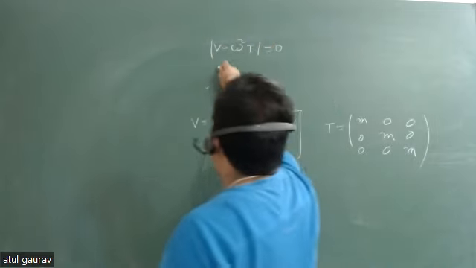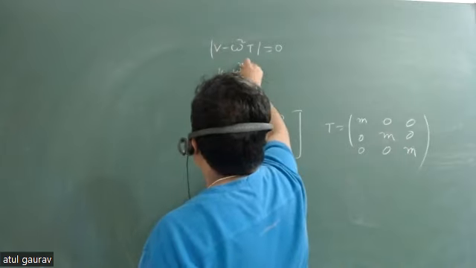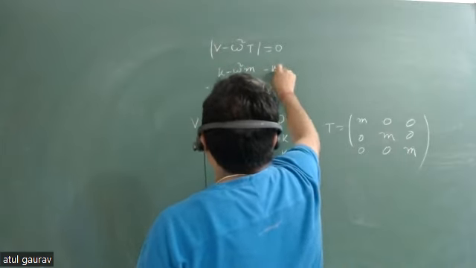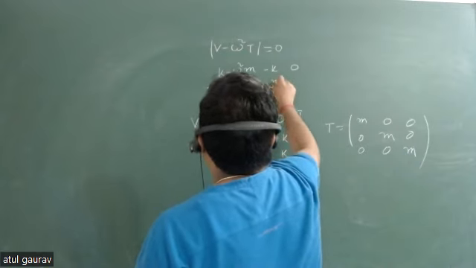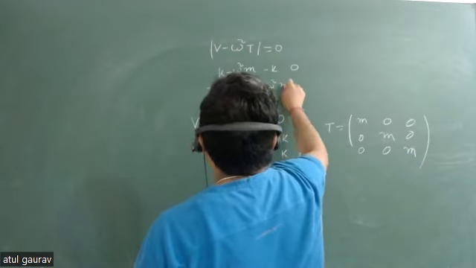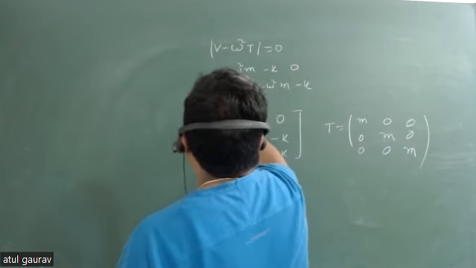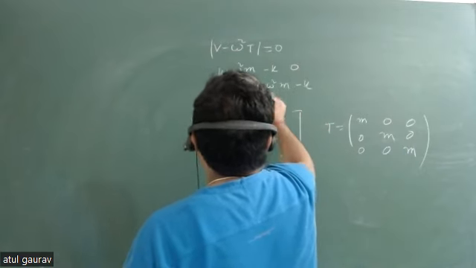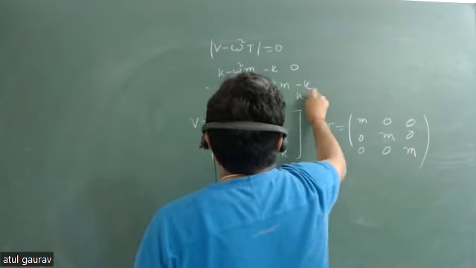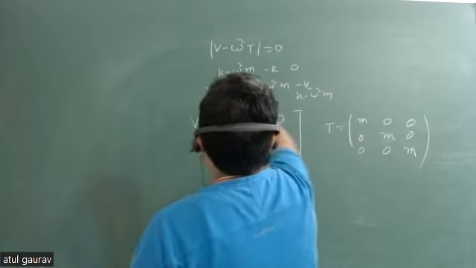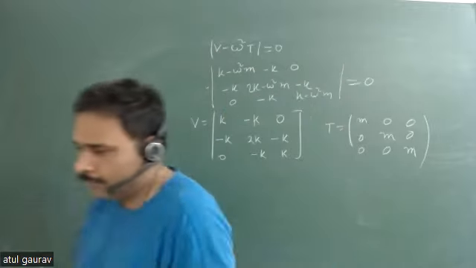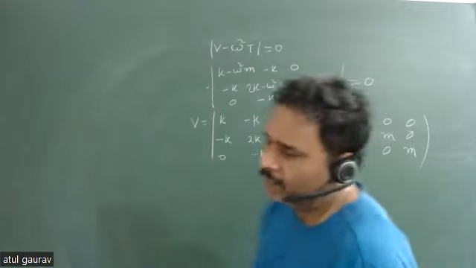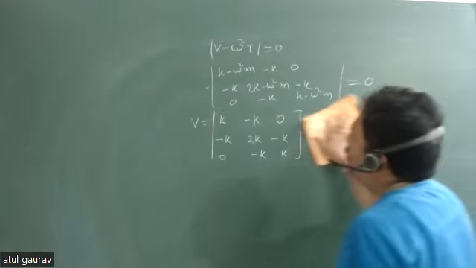From here I can write the matrix: K minus omega square M, minus K, 0; minus K, 2K minus omega square M, minus K; 0, minus K, K minus omega square M; that must be 0. So now we have to solve this determinant.